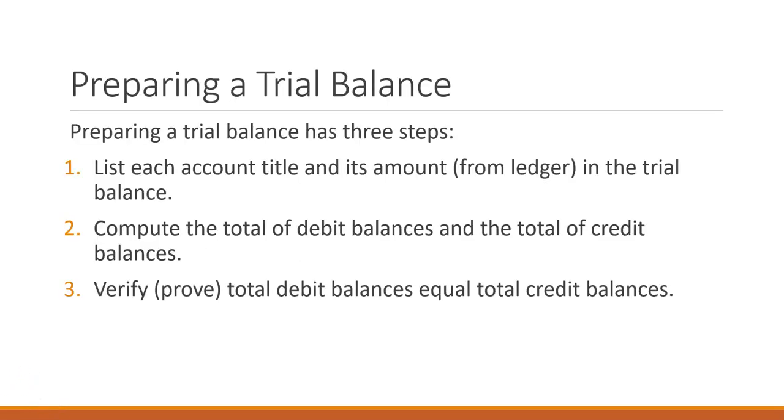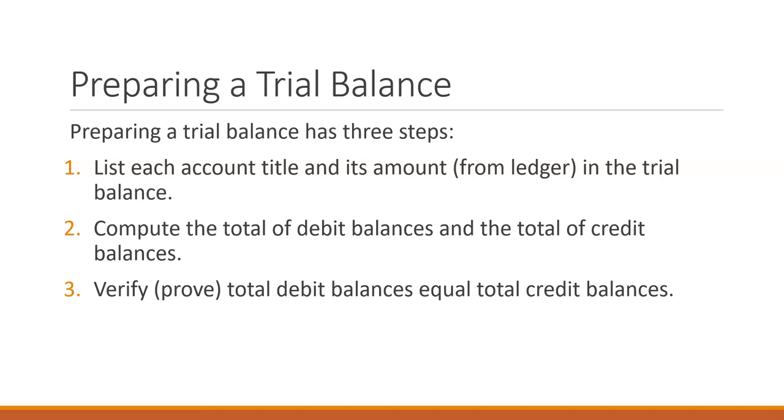What a trial balance does is we list every single account that we have open and its current balance. We then add together all of the debits and credits to make sure that they equal. If they don't equal, then we have a mistake in our accounting records that needs to be fixed before we can prepare financial statements.